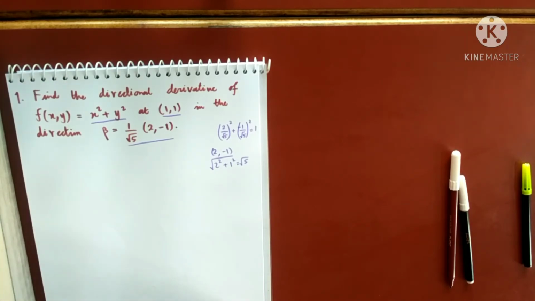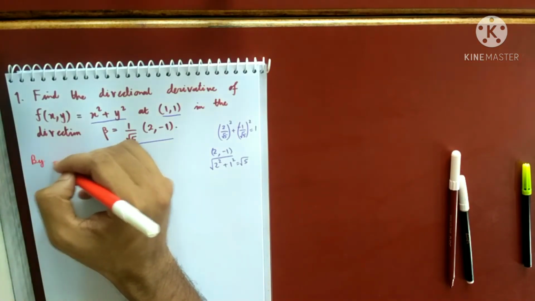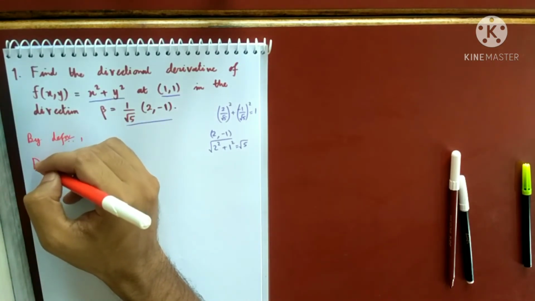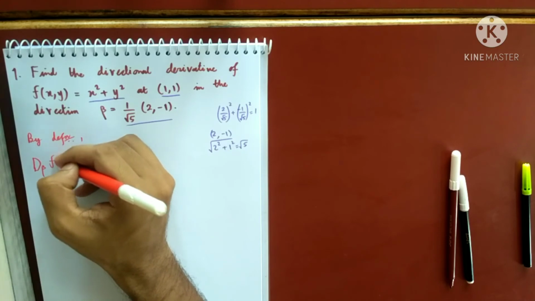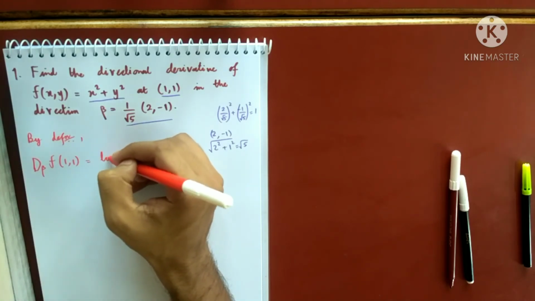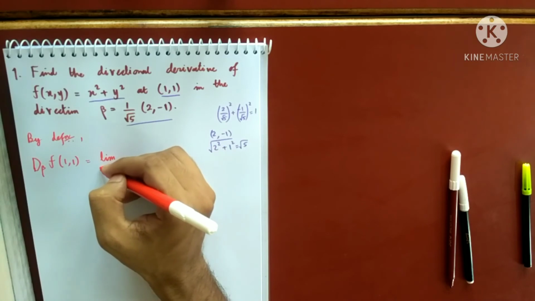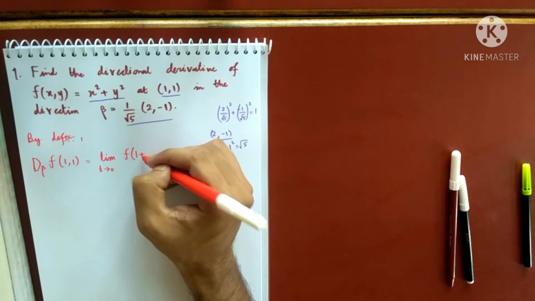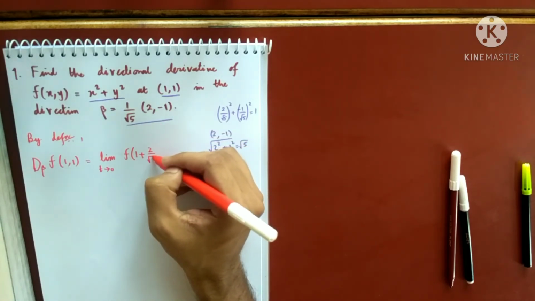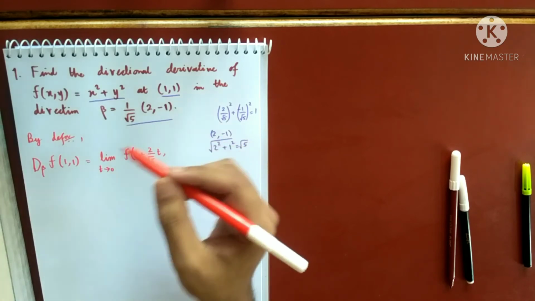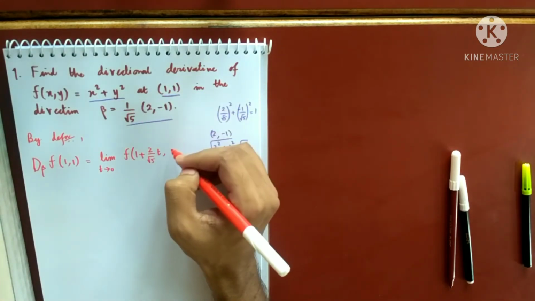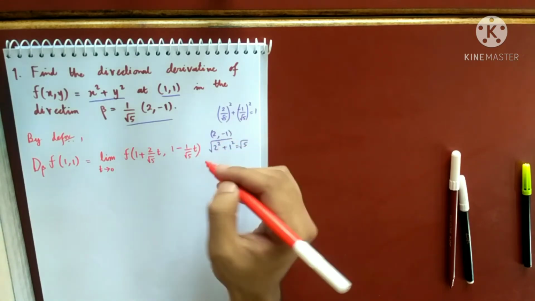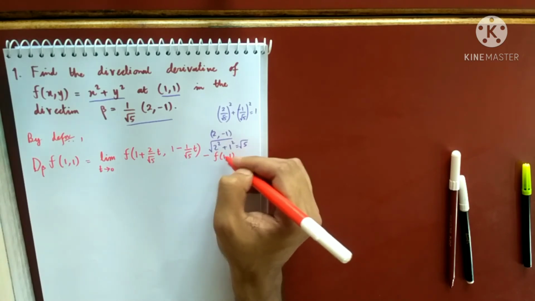So let's apply the definition. By definition, what was the definition of the directional derivative in the direction beta of the function at the point 1, 1? It is limit t tends to 0, f of 1 plus 2 by root 5 t, 1 minus 1 by root 5 t, minus f of 1, 1, by t.